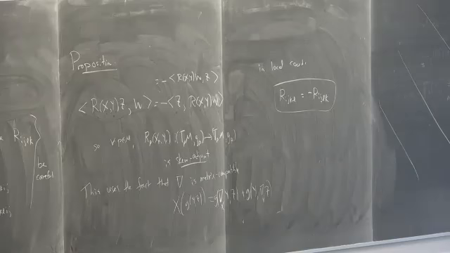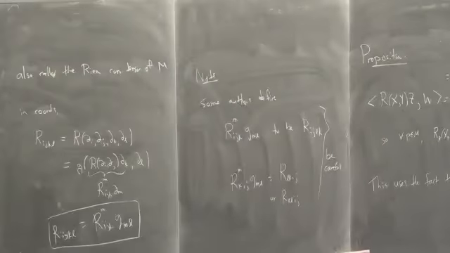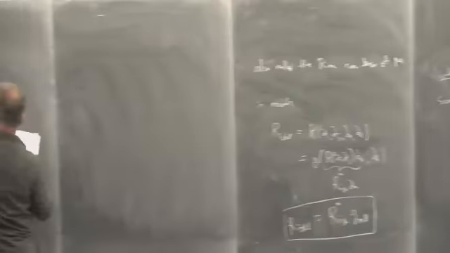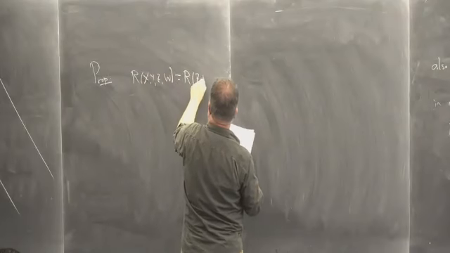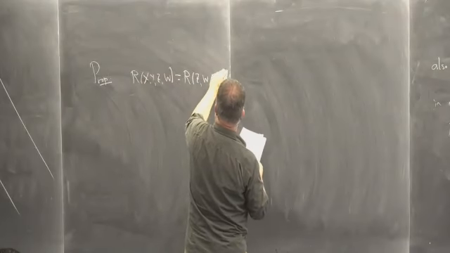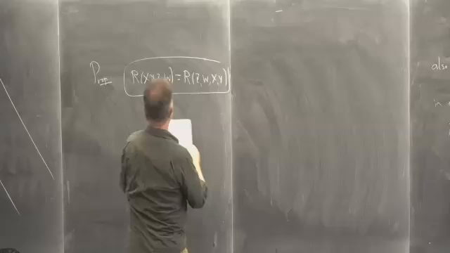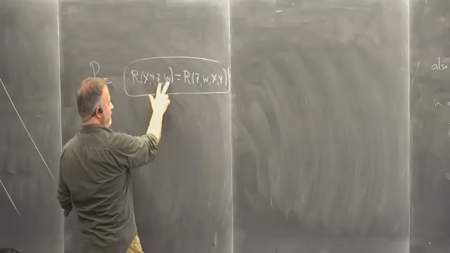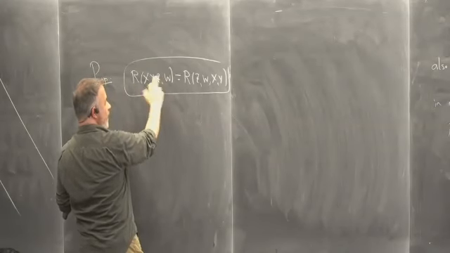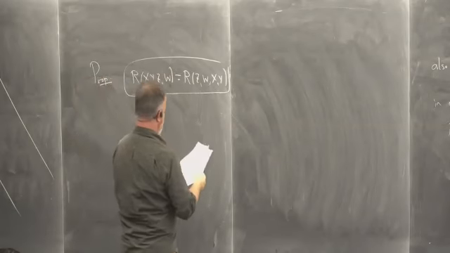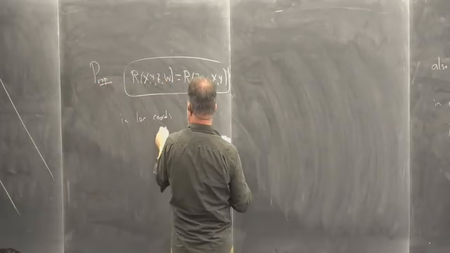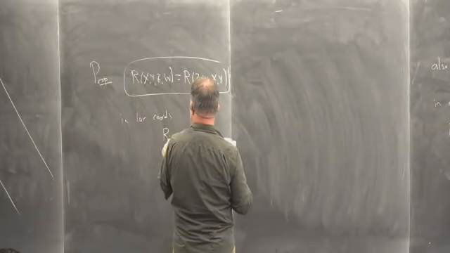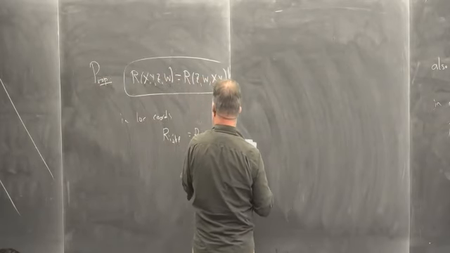So the last proposition about the Riemann curvature tensor says that R(X, Y, Z, W) is equal to R(Z, W, X, Y). If I swap the X with the Z and the Y with the W, it doesn't change. So in local coordinates, this says that R_ijkl is R_klij.